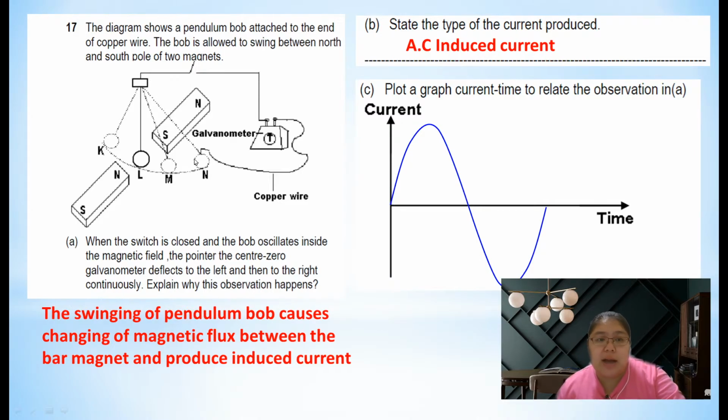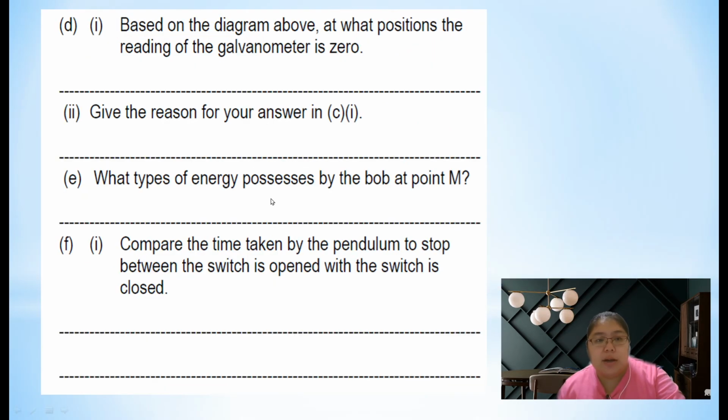So the answer should be N. N is the furthest one. Okay, then we see the answer, there's a position N. So you give the reason like this: because the position N is far away, they do not cut the magnetic field lines. Okay, do not cut the magnetic field.